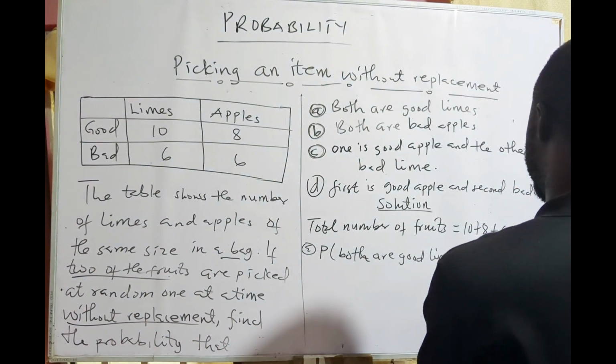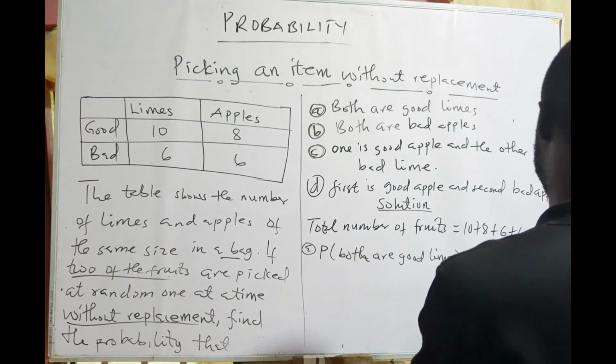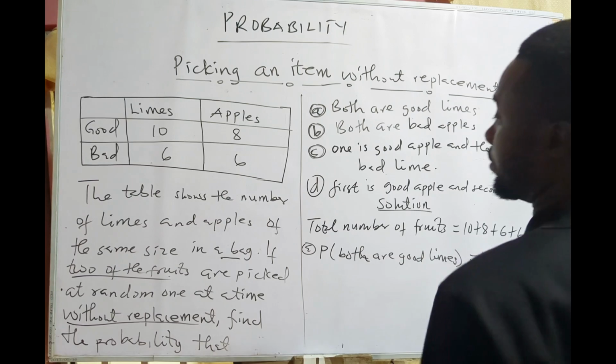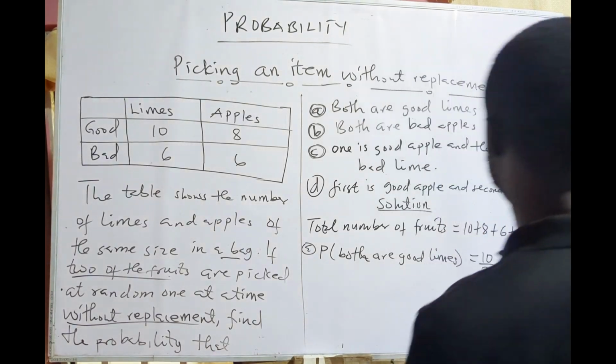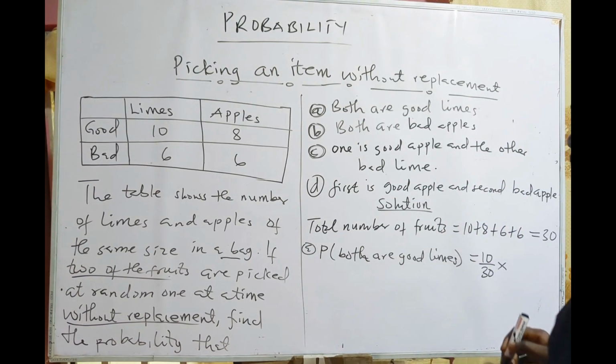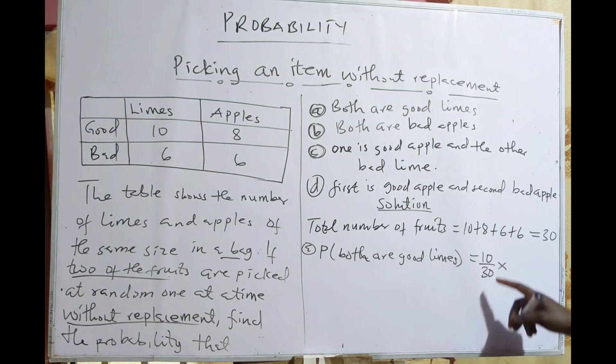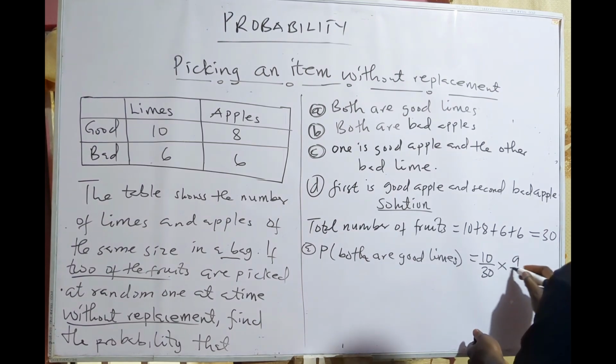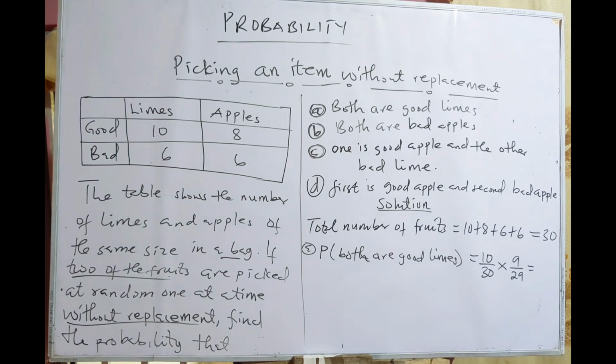The total number of fruits is 30, and it is without replacement. So if the first is a good lime, that will be 10 out of 30. And if the second is also a good lime, then that will be 9 out of 29, because it is without replacement.